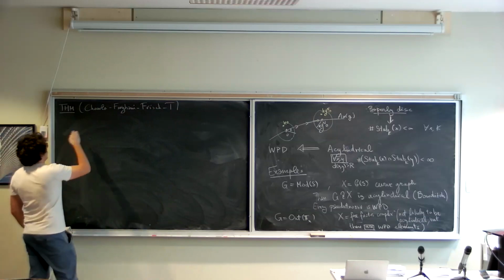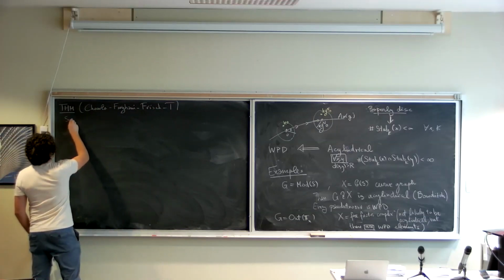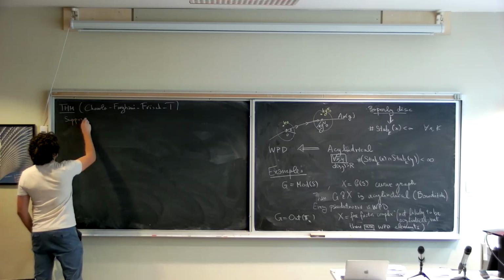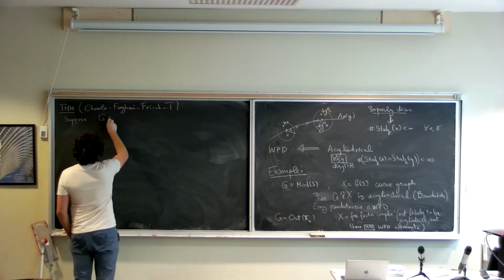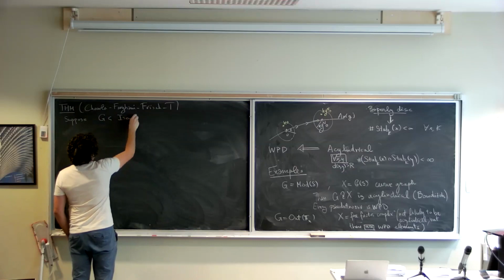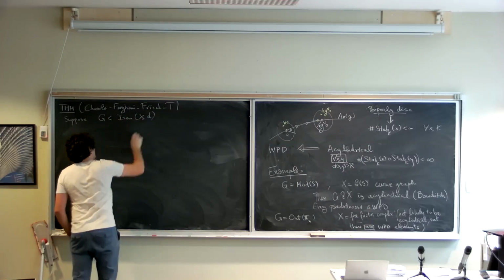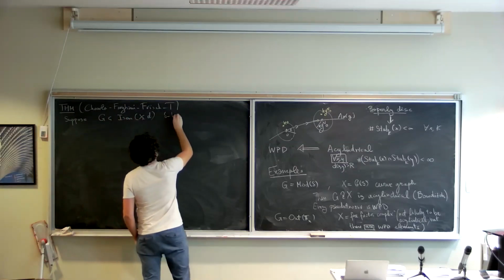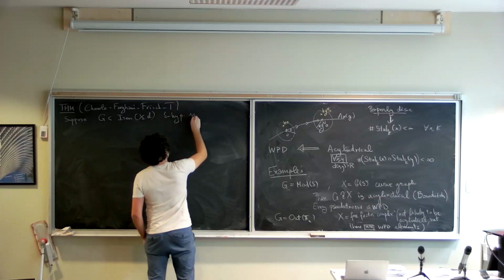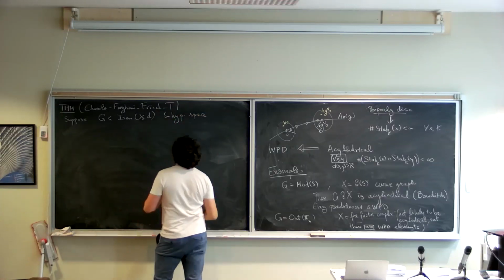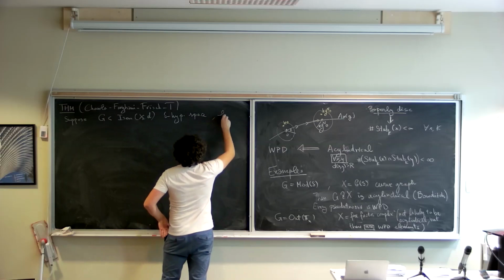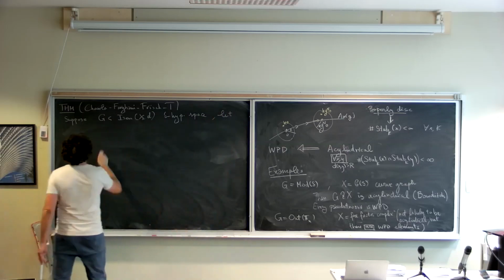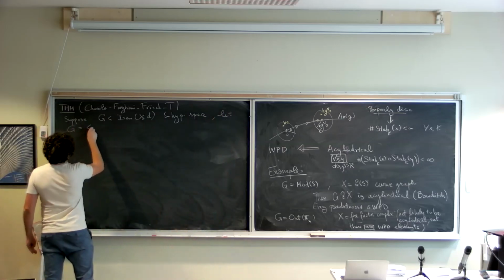So suppose again, G is a group of isometries of a delta hyperbolic space. Suppose that G is generated by the support of mu.